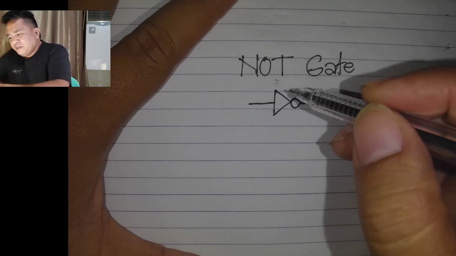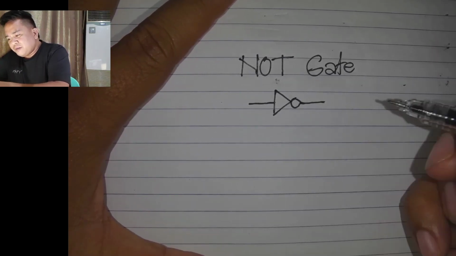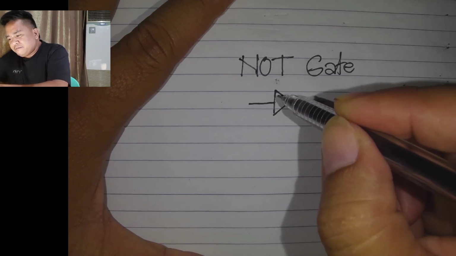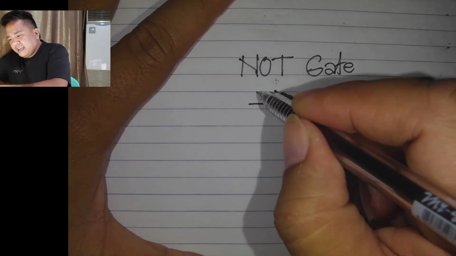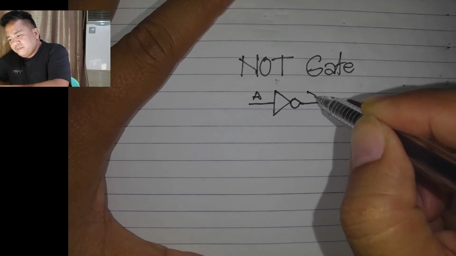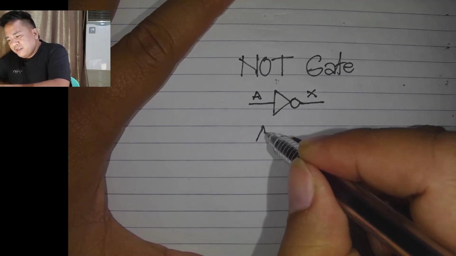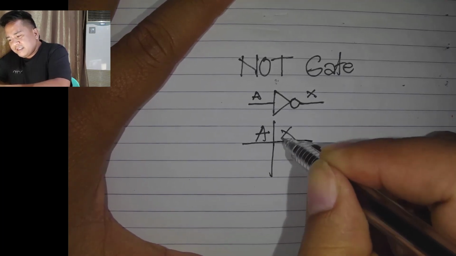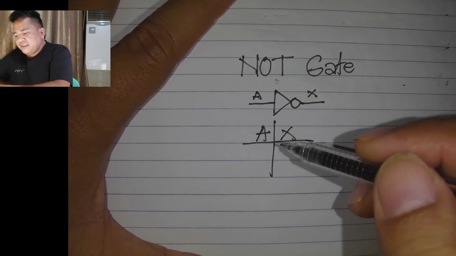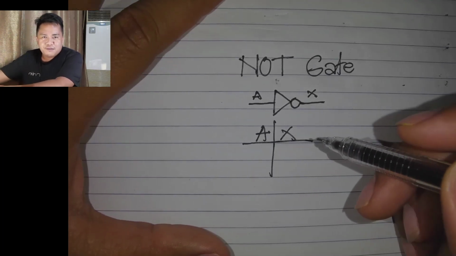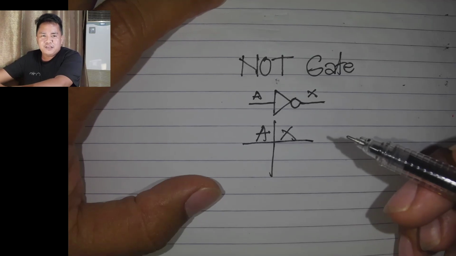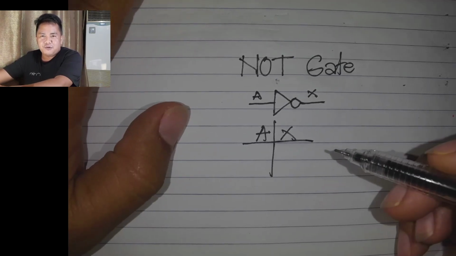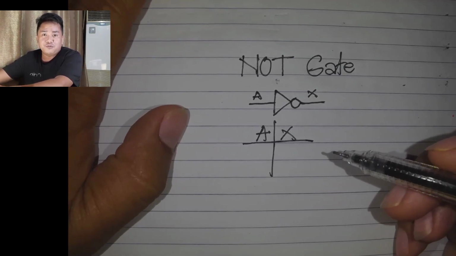So yung truth table nito is, for example, if we assign A as our input and X be our output, so yung truth table nito. Since iisa lang yung input natin, we have two possible inputs, either 0 or 1, logic 0 or logic 1.